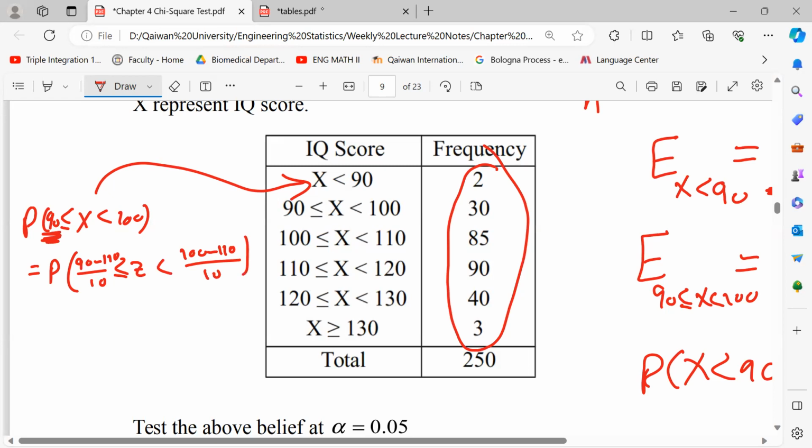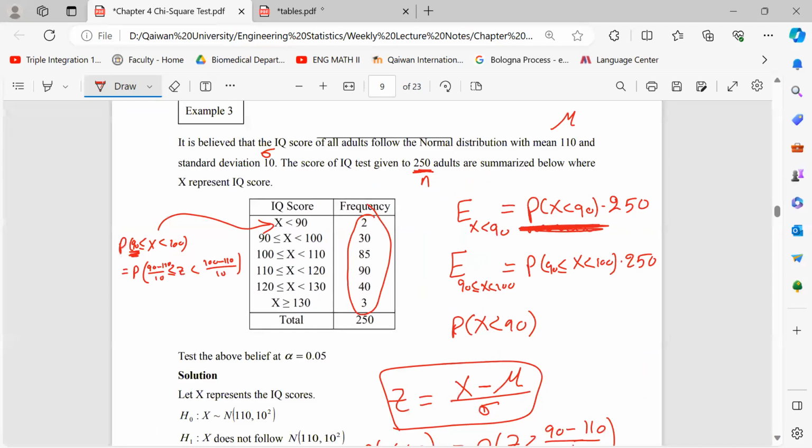We just replace X by the boundaries, 90 and 100. This is the rule.